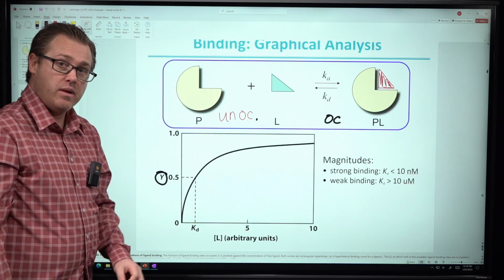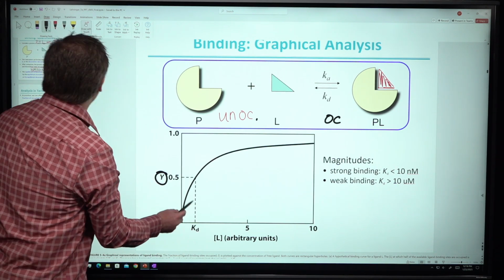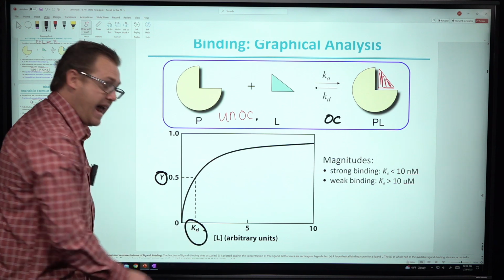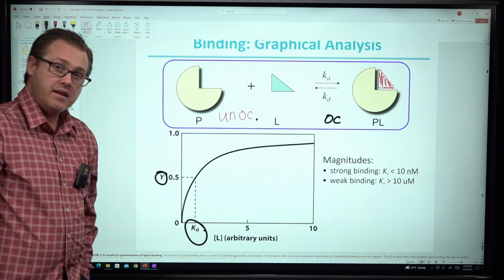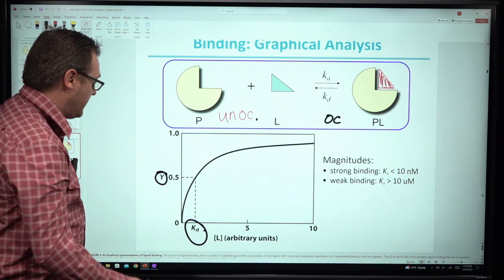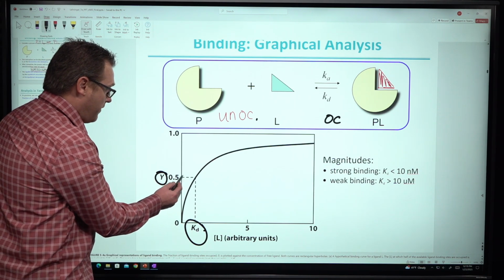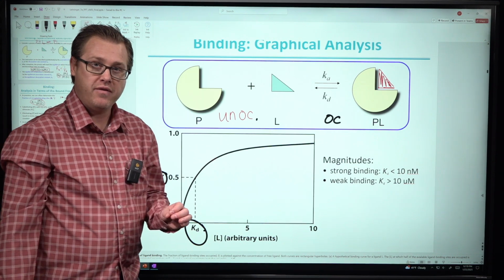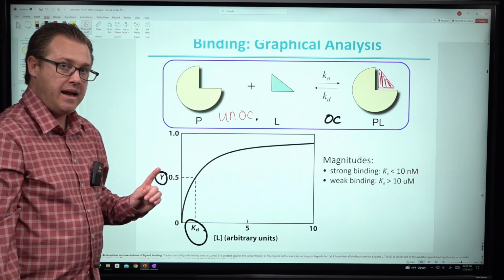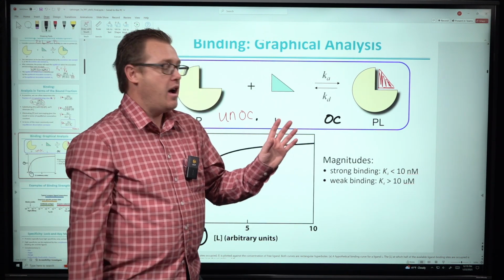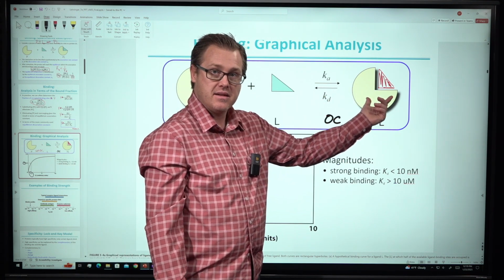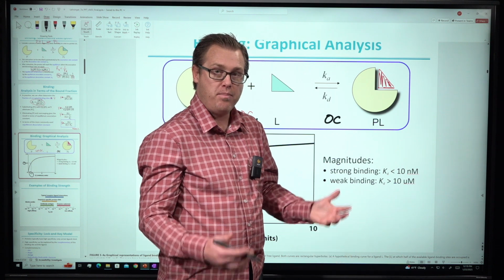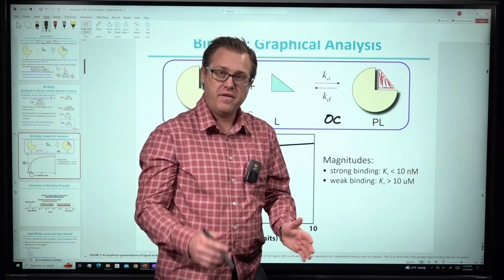And so that's what is so important about this value right here called KD. The definition of KD is when Y equals 0.5. That simply means that half of the binding sites that are available are bound. So it's a 50-50.